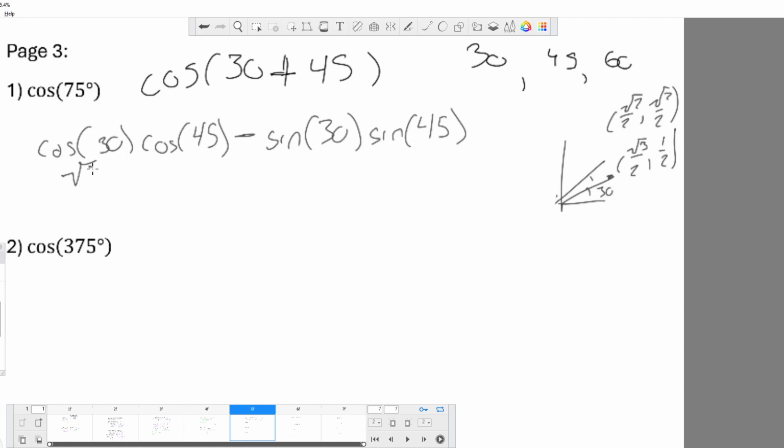So cosine is going to be square root of 3 over 2. Cosine of 45, square root of 2 over 2, minus sine, which is the y value, times sine y value there. And so all we do is just multiply these together.